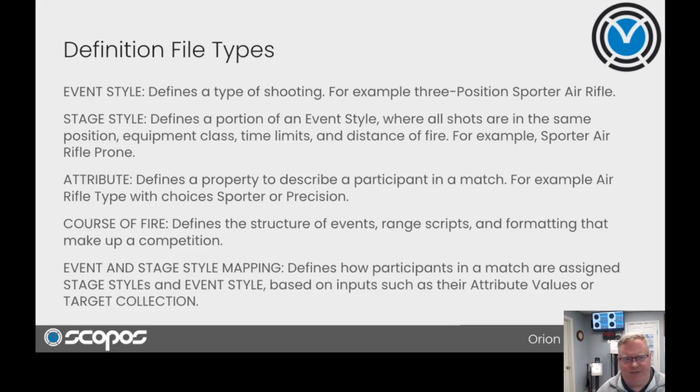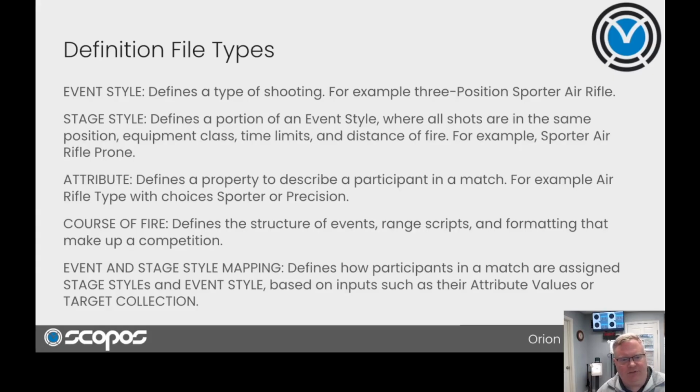Stage styles always have the same position, the same equipment class, the same time limits, distance of fire, etc. So again, using the 3-position sport or air rifle example, we would define 3 different stage styles. Sport or air rifle kneeling, sport or air rifle prone, sport or air rifle standing.